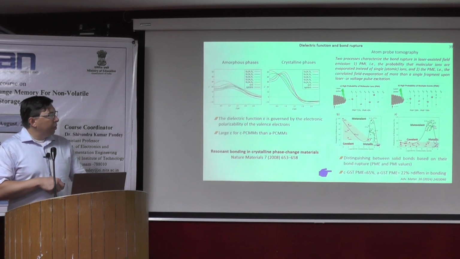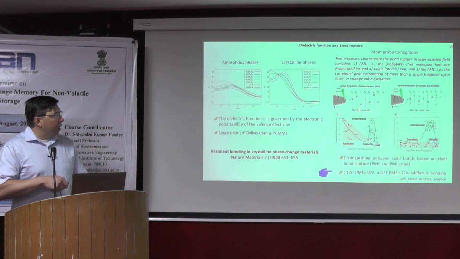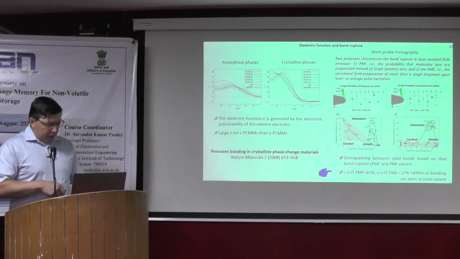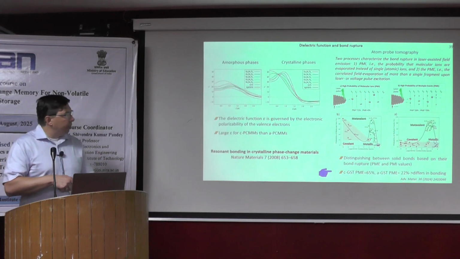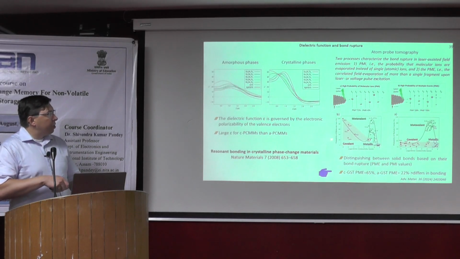If you do such measurements for different materials like covalent and metallic solids, and also our phase change materials, we see that PMI does not change much within the solids.